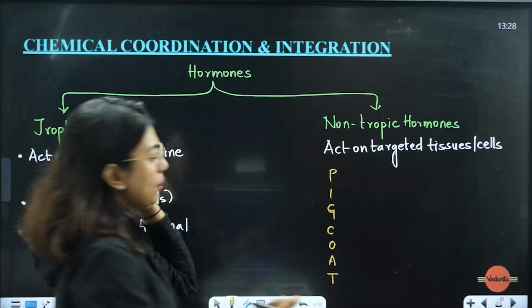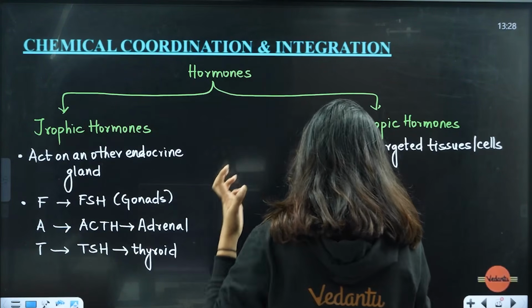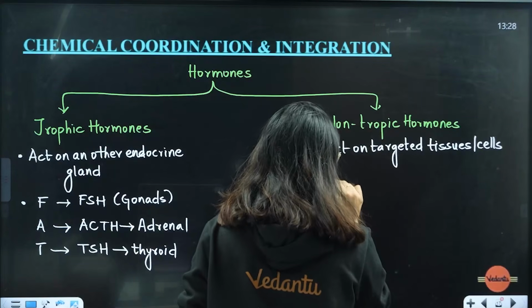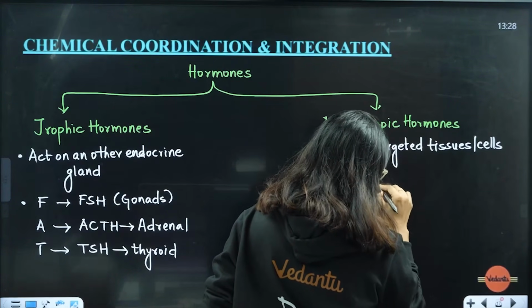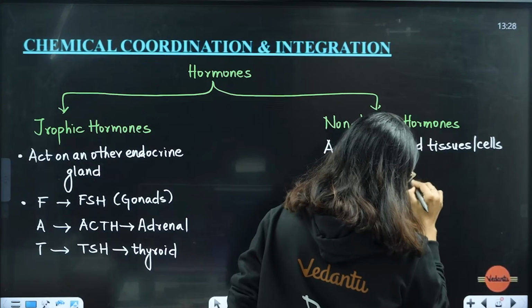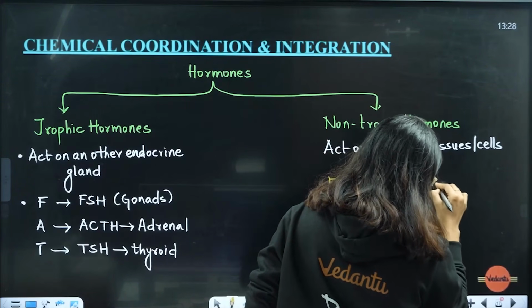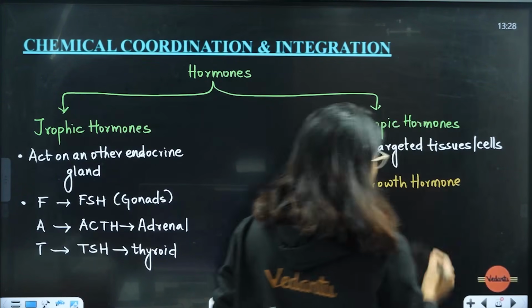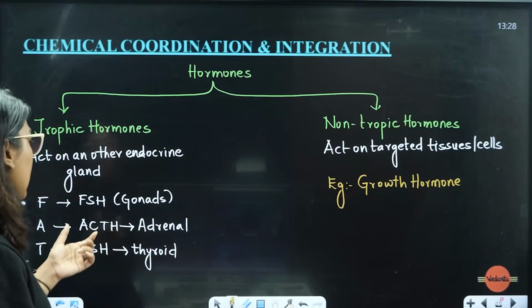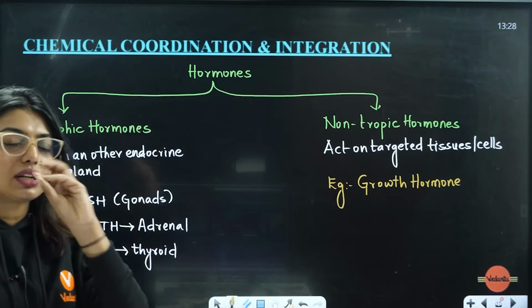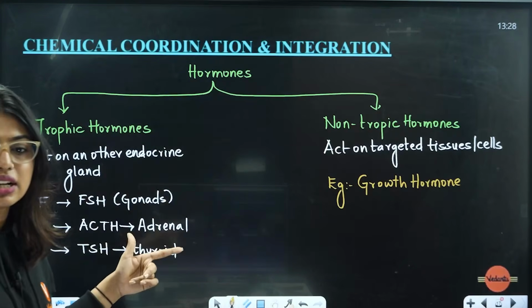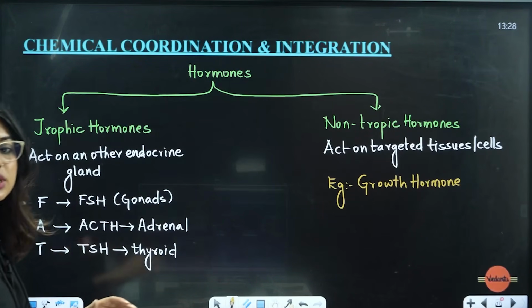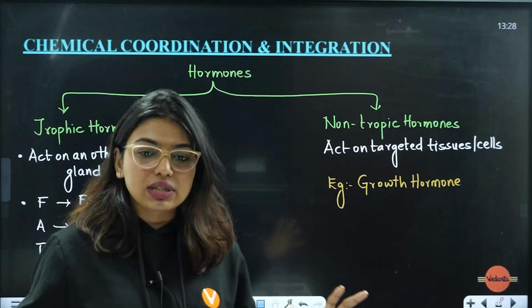But if you feel, ma'am, it's too much for us, then I will give you just one example. You just remember your growth hormone. Students, growth hormone is not actually fully non-tropic. It is also partially tropic, because it can stimulate the liver for one certain thing. So it is not completely non-tropic, but still we write this under non-tropic, because this one is going to directly attack the tissues and cells.